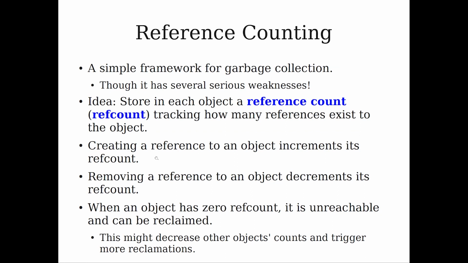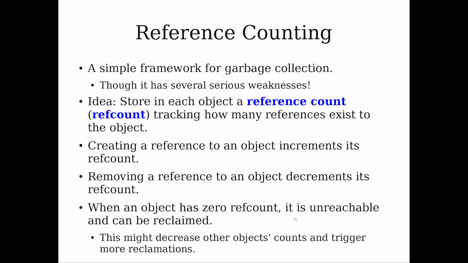Anytime such a construct is executed, you have to find out which object it refers to and increment its counter. Similarly, you'll have to find all possible constructs that can remove a reference. For example, when you return from a function, all parameters' counts should decrease. Once an object reaches 0 count, you can clearly see that there is nobody referring to it, and therefore such an object can be reclaimed.